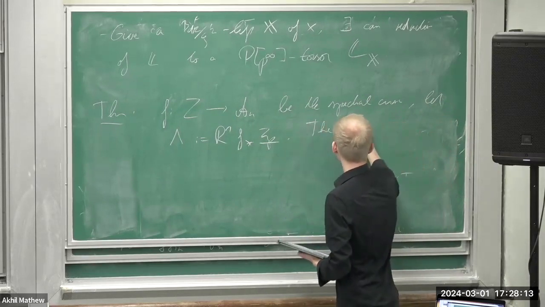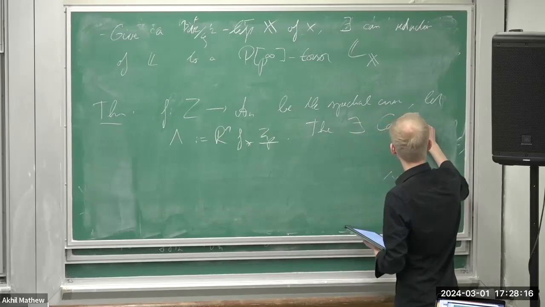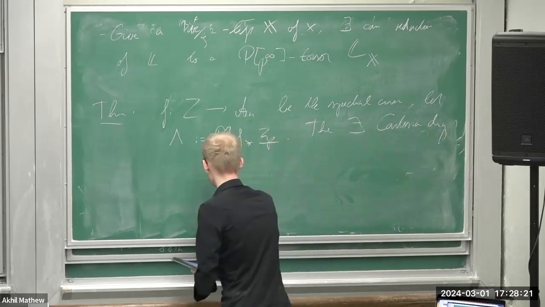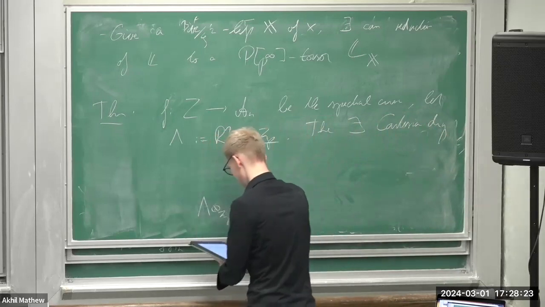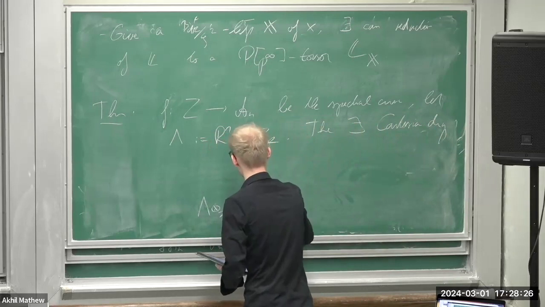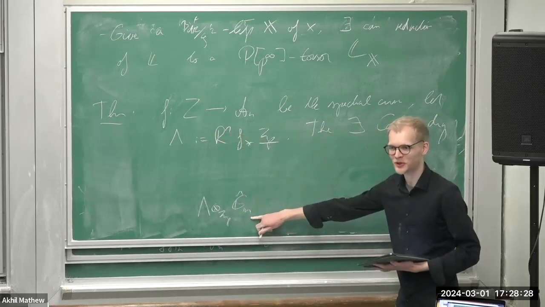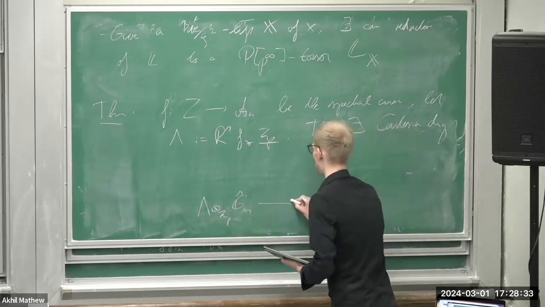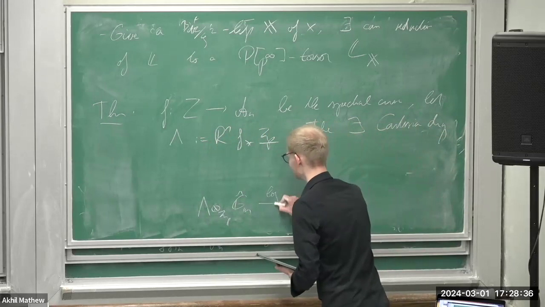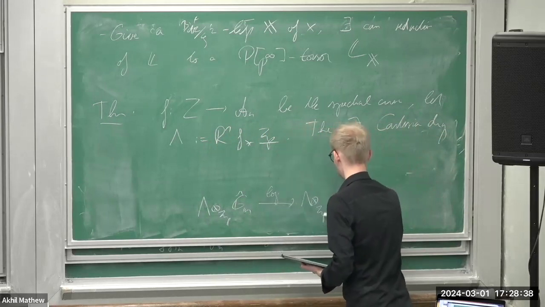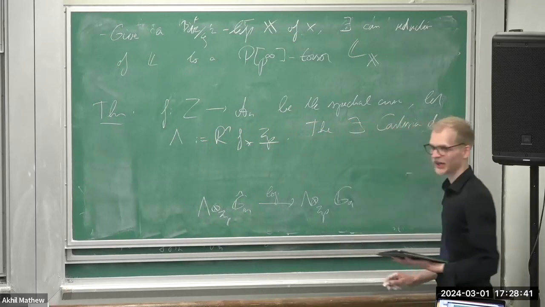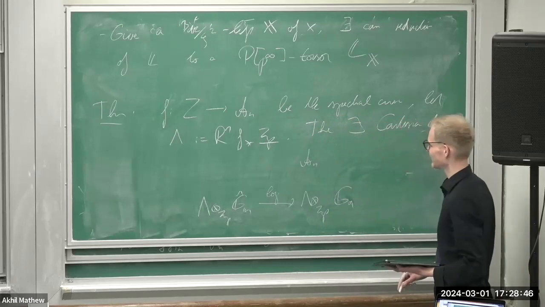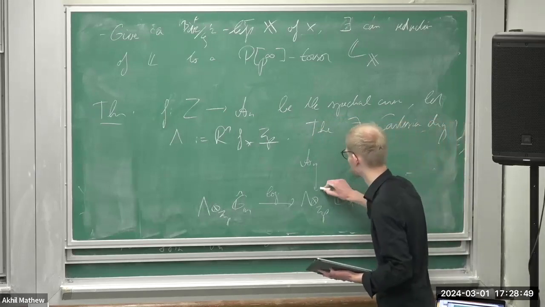Then there is a commuting diagram where I take this local system and tensor it with the open unit disk. So both of these things are Z_p modules. And then I consider the logarithm to G_a.